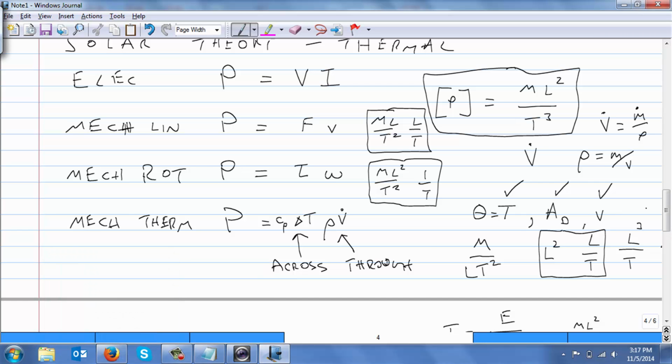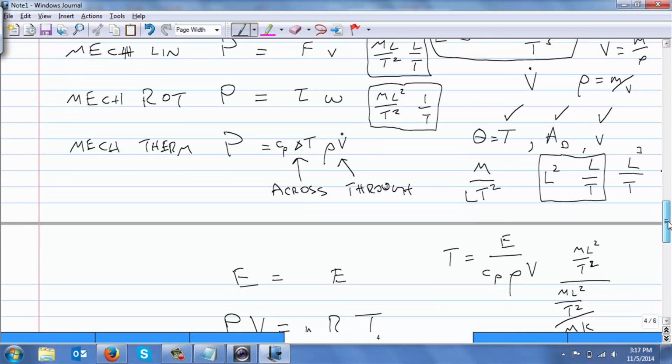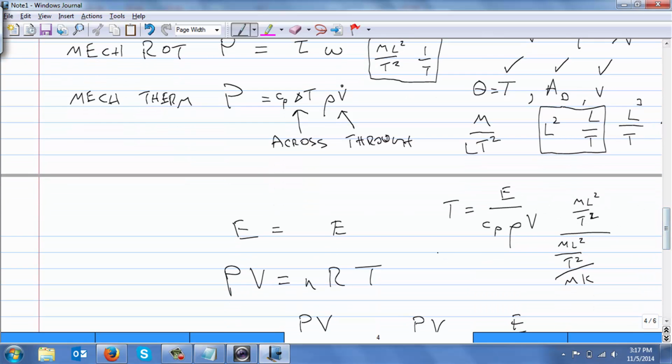So where I was going with this, guys, I don't know if you're going in a similar place. I started off with the ideal gas law, IGL, to really get at what the fundamental units of temperature were. I think you could see that eventually I would have worked my way around to this, but it wouldn't have been pretty.